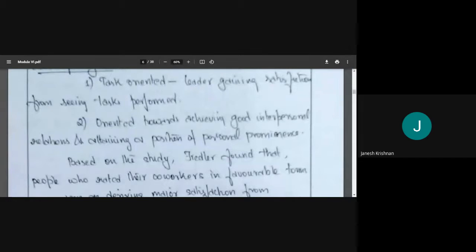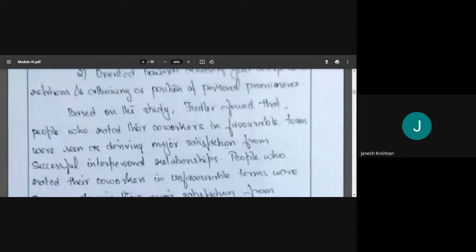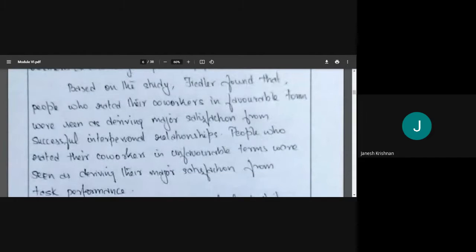Based on his study, Fiedler found that people who rated their co-workers in favorable terms were seen as deriving major satisfaction from successful interpersonal relationships. So that's what we have just said.